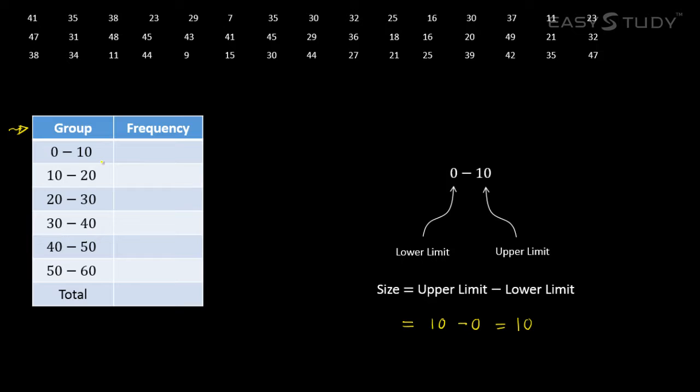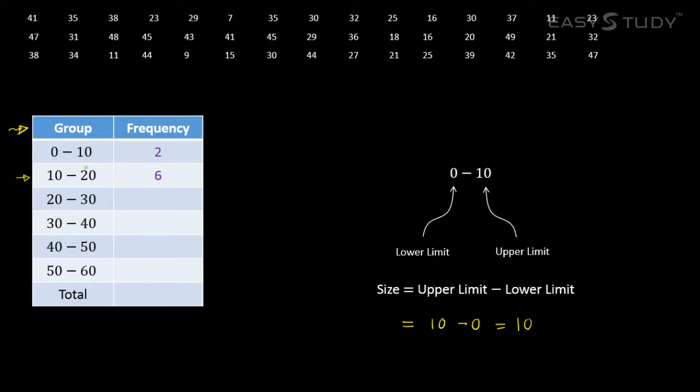When you group the data, it is important that you create class intervals of the same size. There are 2 students who have scored in this group. We have 6 students who have scored in this group.